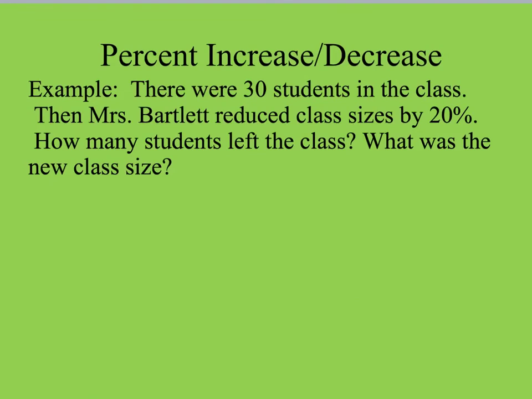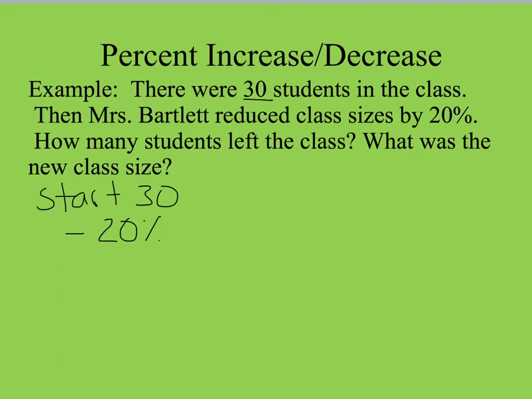So there were 30 students in the class, and then Mrs. Bartlett reduced class sizes by 20%. How many students were left in the class, or left the class? So we started at 30 students. We decreased by 20%.